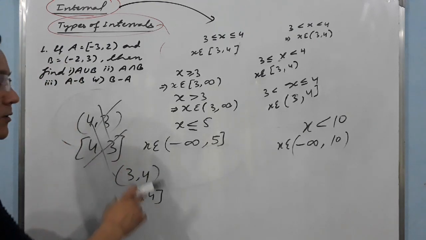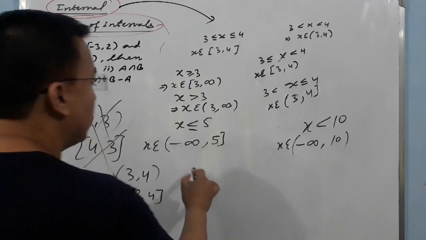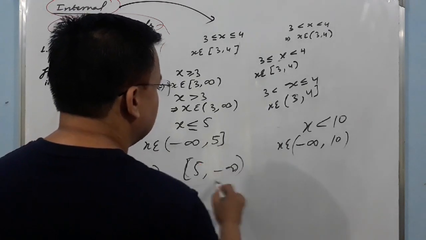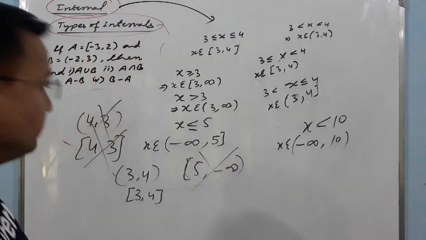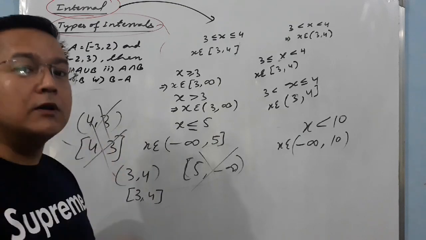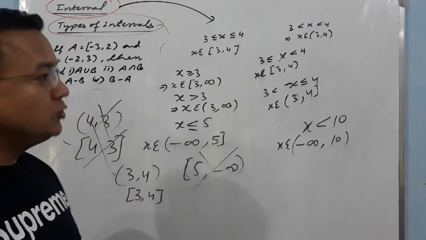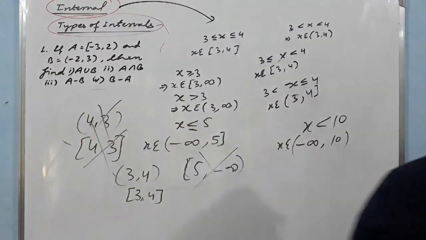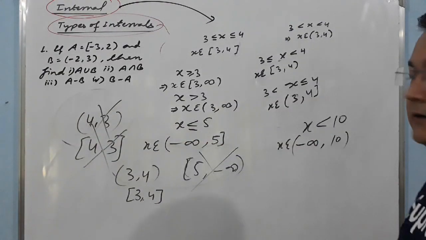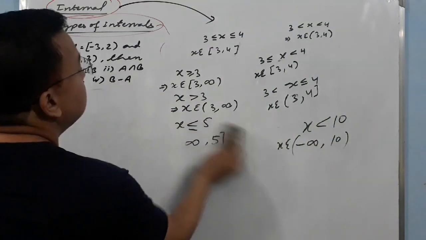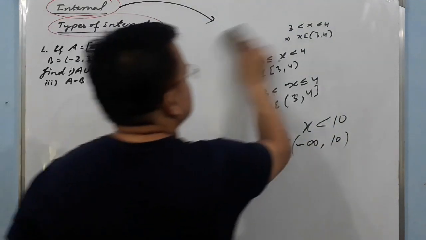But you can't write 4 comma 3, or 5 comma minus infinity. If you try to write like this, it is also wrong. In an interval, the left-hand point should be smaller than the right-hand point. Now I think you understood how to represent intervals in different cases.